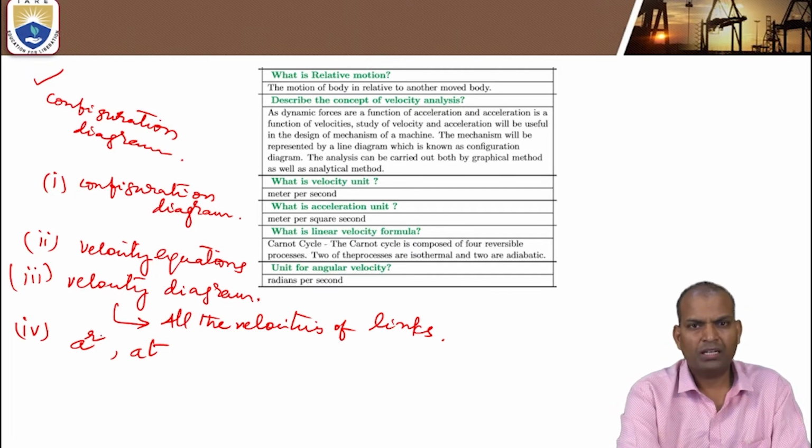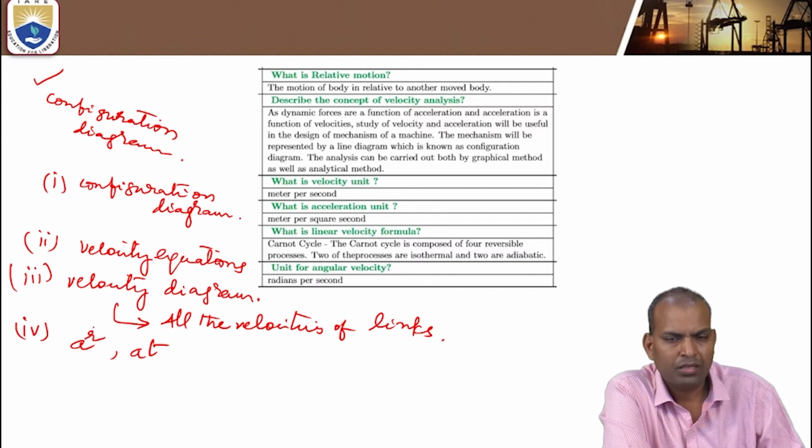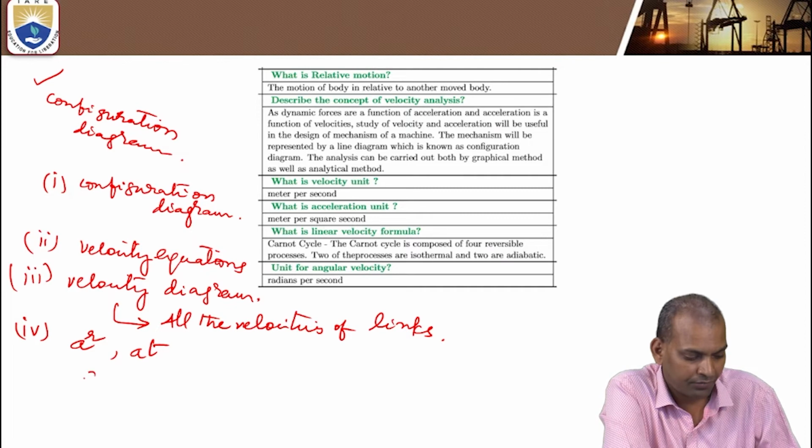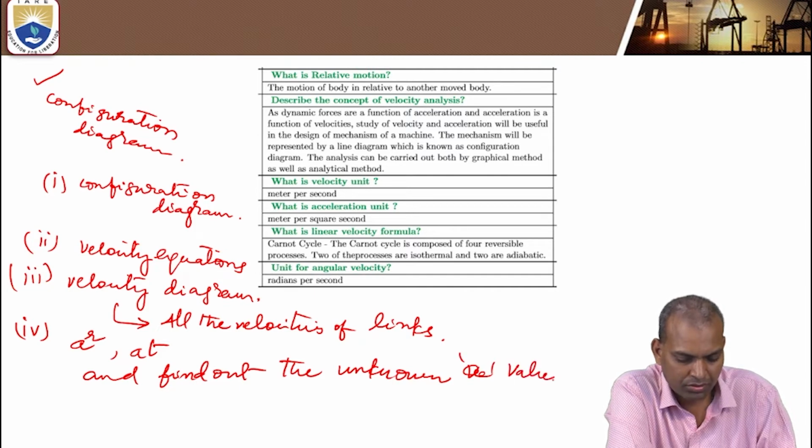By using the graphical method, we draw the acceleration diagram and find out the unknown acceleration values of the remaining links.